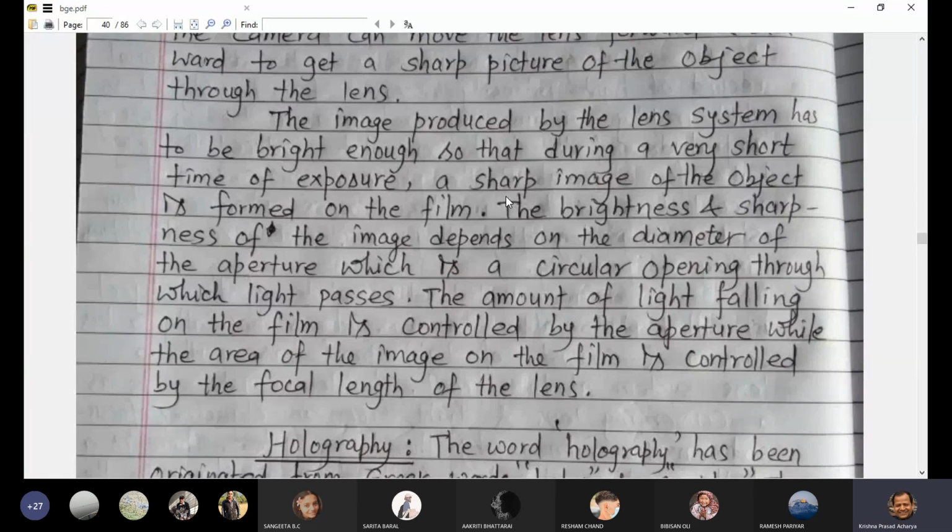The sharpness and brightness of the image depend on the diameter of the aperture, which is the circular opening through which light passes. The amount of light falling on the film is controlled by the aperture, while the area of the image on the film is controlled by the focal length of the lens.